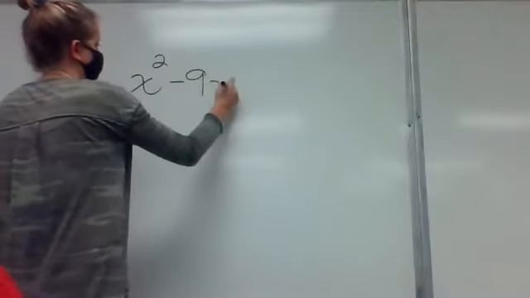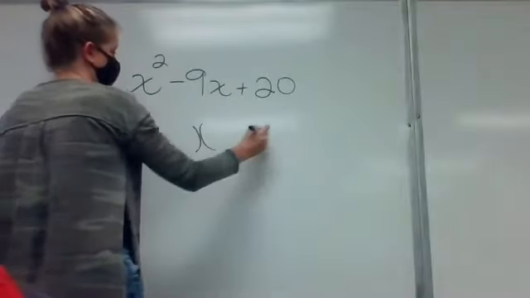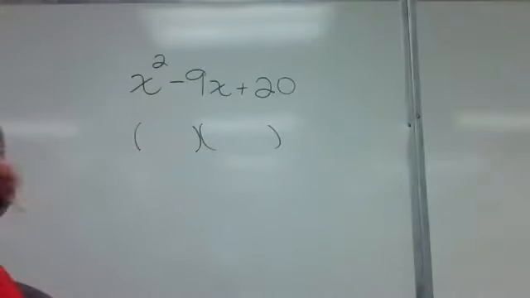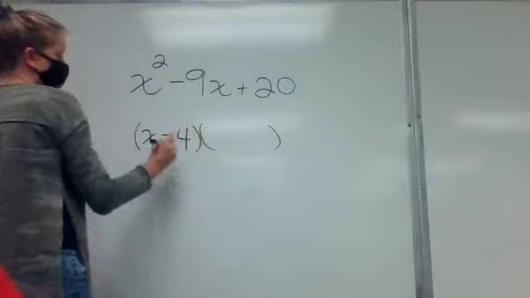The second one, you have x squared minus 9x plus 20. Again, it gives us two parentheses, but it fills in the first one. And it says the first parentheses is x minus 4.